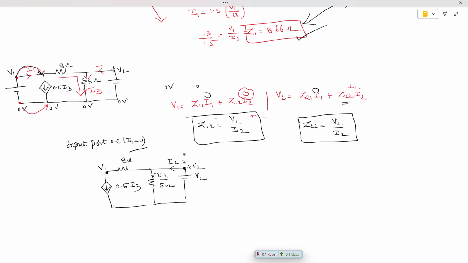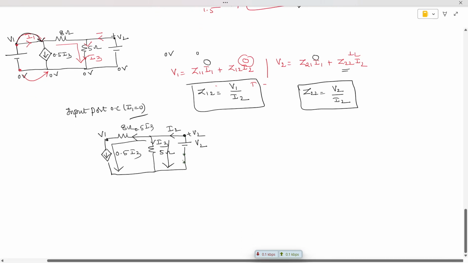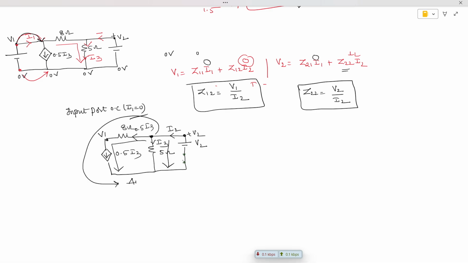So now we want to link each other. The current flowing in this branch as per this is 0.5 I3, and the current in this branch is I3. So now we are going to apply nodal analysis. Apply Kirchhoff's current law at the node shown below.